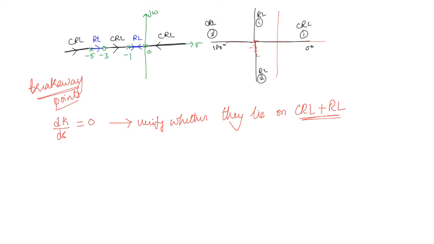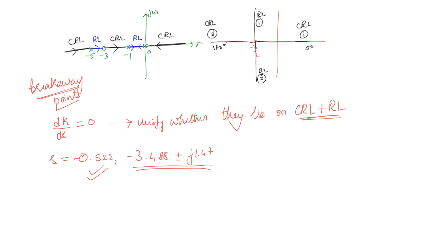For this equation, if you find dK/ds, I will not do the entire calculation, but you will get the solutions s equal to -0.522 and -3.488 plus or minus j1.47. The -0.522 lies on the root locus, that is for positive values of K. The other points lie neither on the RL nor on the CRL.